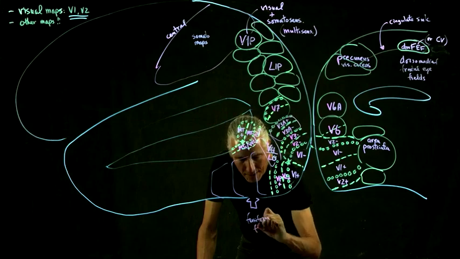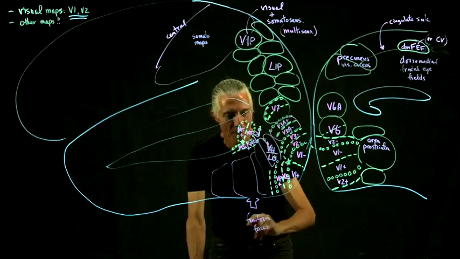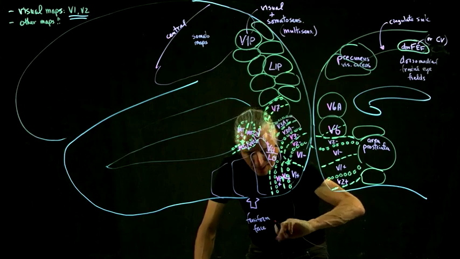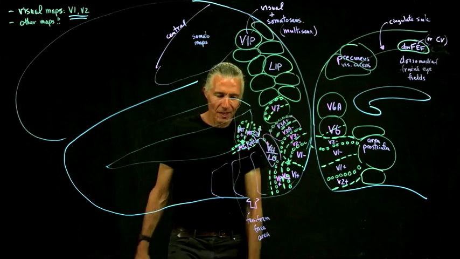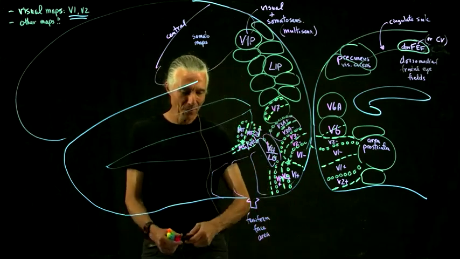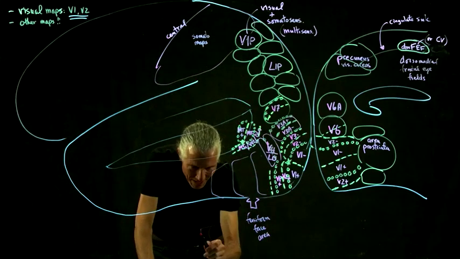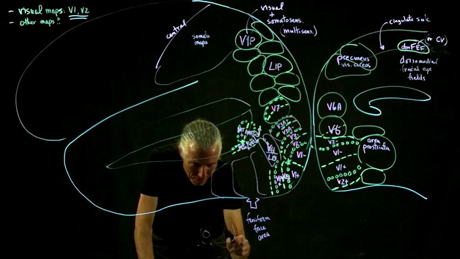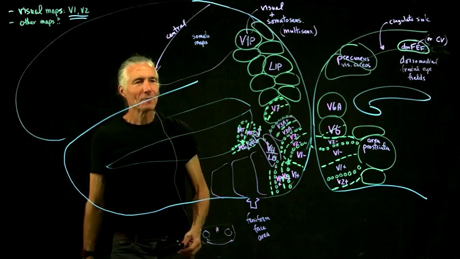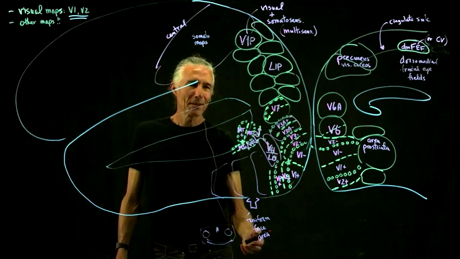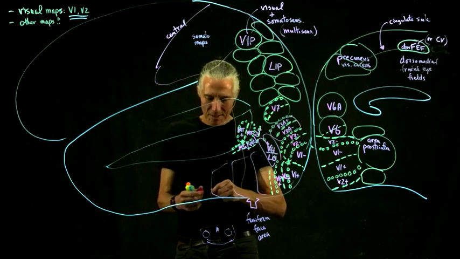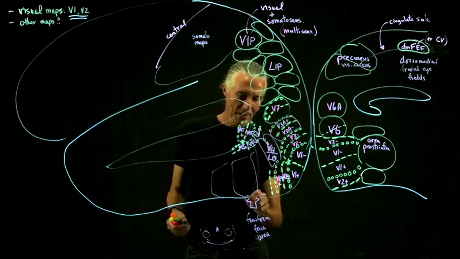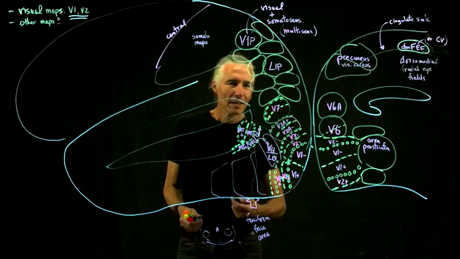And that's an area that responds, as you might expect, to faces. It's got an actual map in it. It's not just faces. It will respond to a car. Animators know that cars kind of look like people. There's the bumper, maybe a little bit of a nose. So if you just show a car to the fusiform face area, you'll get a response. Not as good as a face, but pretty good. So it's more than just the fusiform face area. It's obviously involved in all different kinds of object recognition.